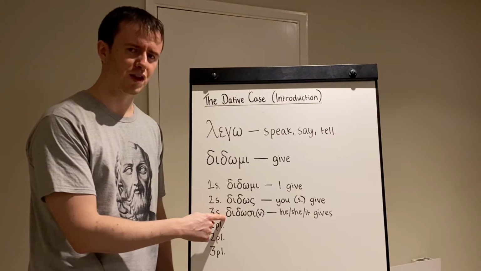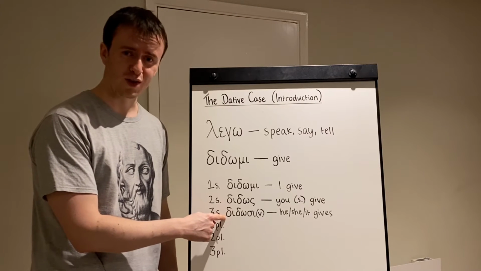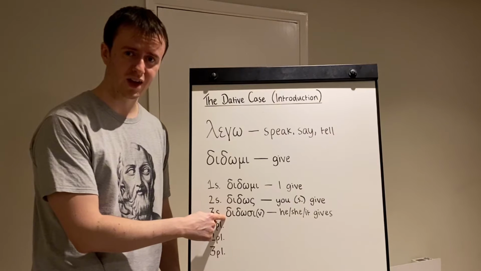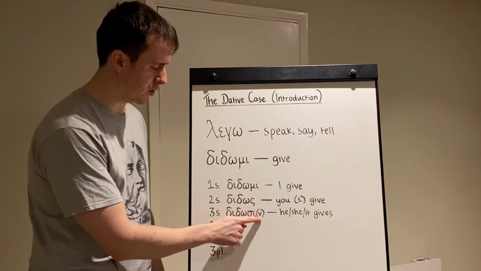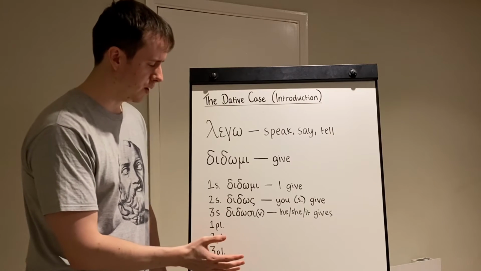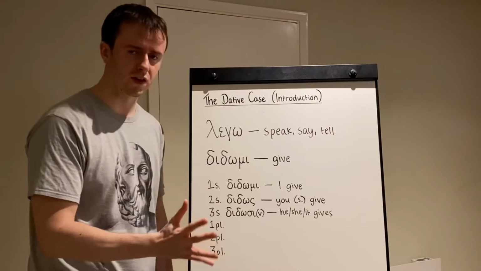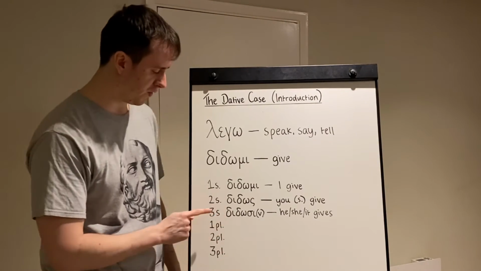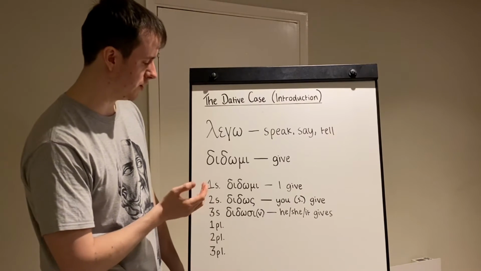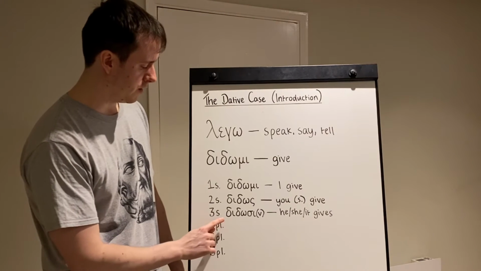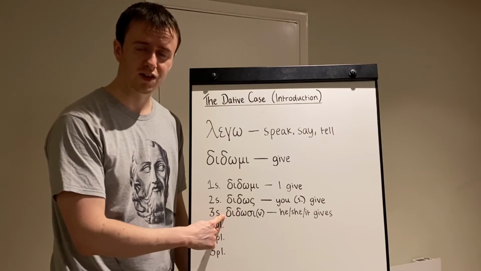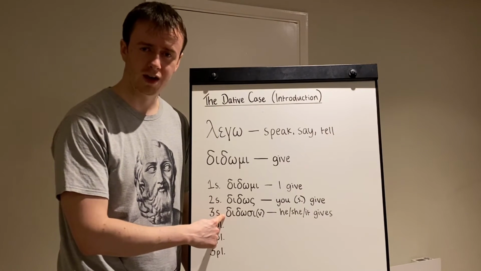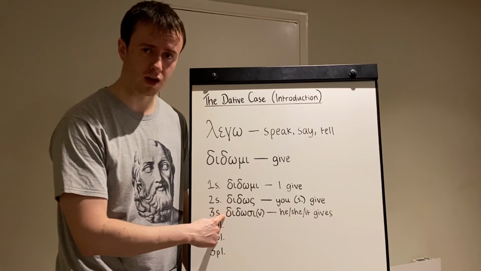There are some instances where editors dispute whether movable nu should be there at the end of a sentence, but typically movable nu is included if the verb that can have movable nu is at the end of the sentence. So if the third person singular form of δίδωμι appeared at the end of a sentence, if it were the last word in the sentence, it would be δίδωσιν rather than just δίδωσι.